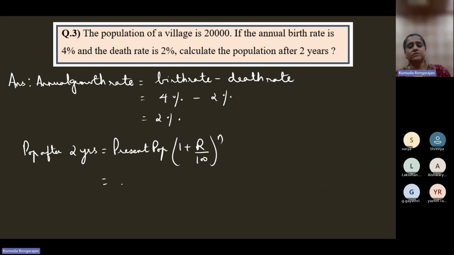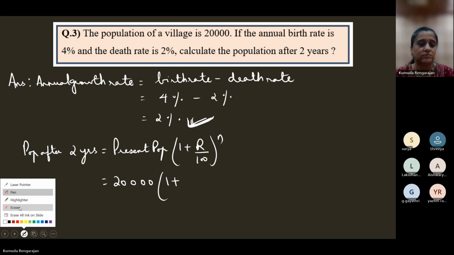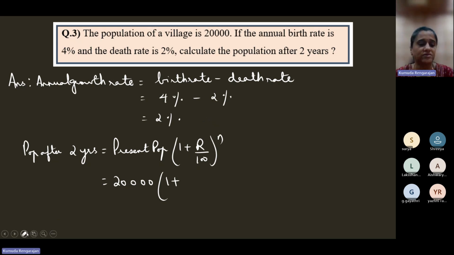So population after 2 years, we'll have to find. The present population is 20,000 into 1 plus R by 100. The growth rate is 2%. So R is 2 by 100 and the time is 2, because population after 2 years.